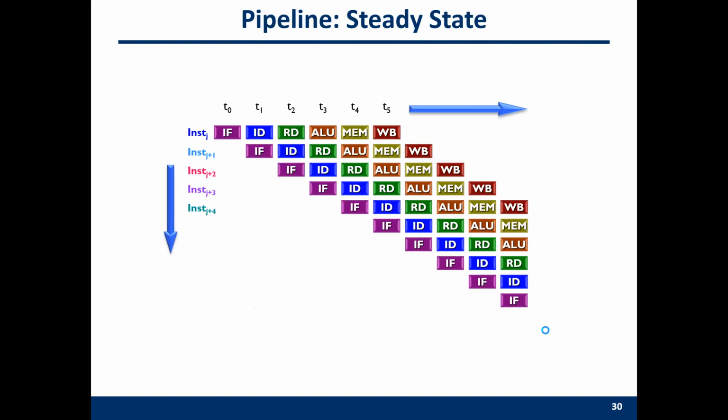So this is the ideal case. Each column, we hope that we can have this ideal. So each instruction they just create.